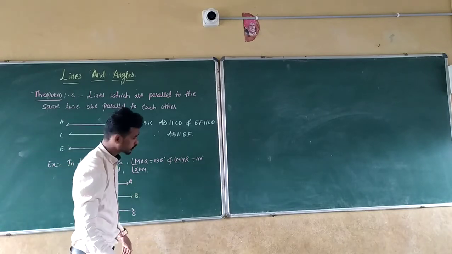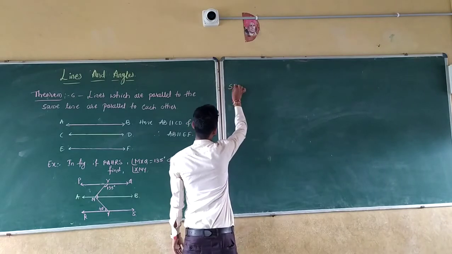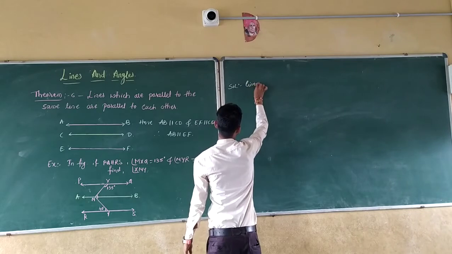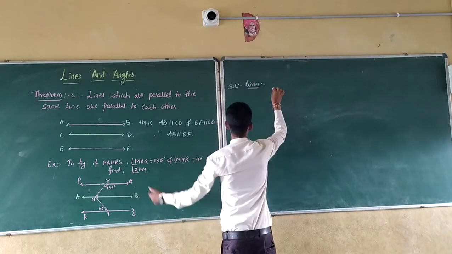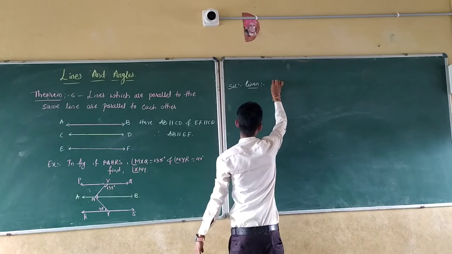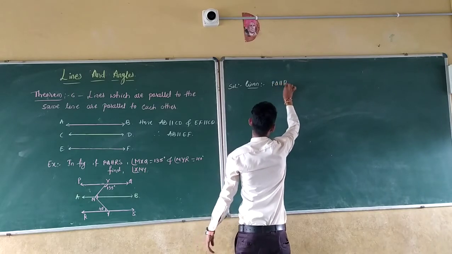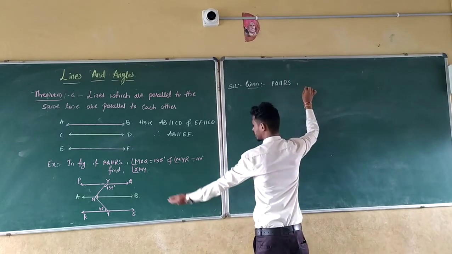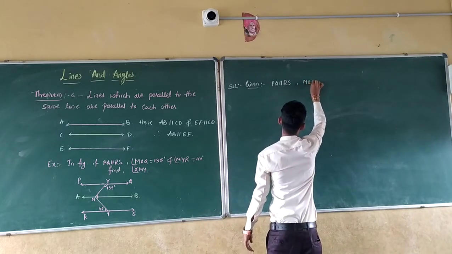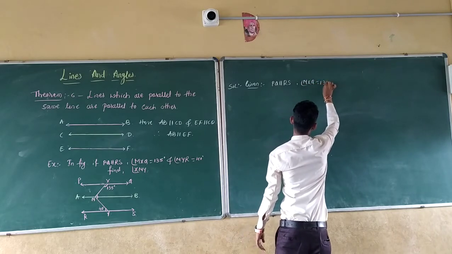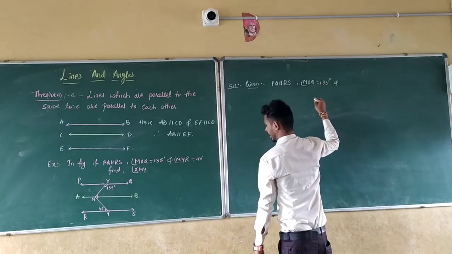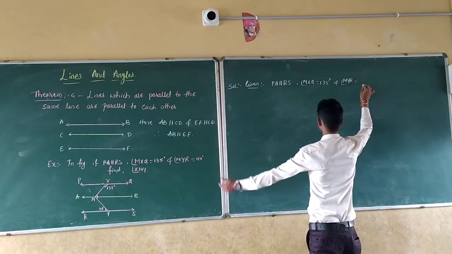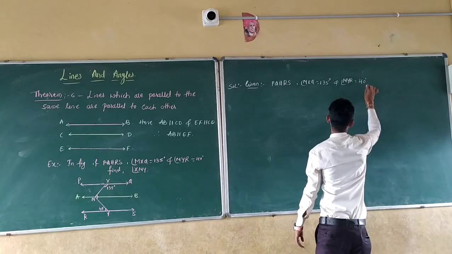Let us see how to solve this one. Solution. First, write the given. You are given PQ parallel to RS, and angle MXQ is equal to 135 degrees, and angle MYR is equal to 40 degrees.